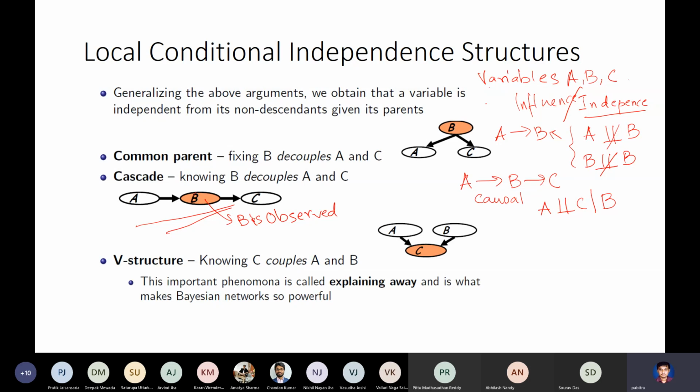All right. What about this structure, common parent? That means there is a structure like this, A, B, C. This is rather an evidential structure.